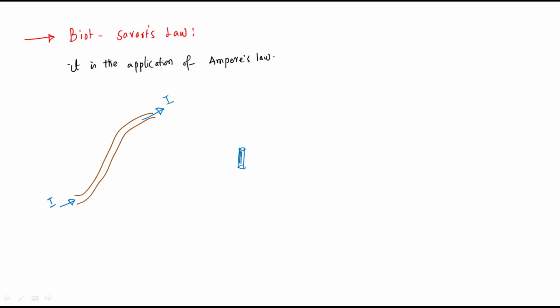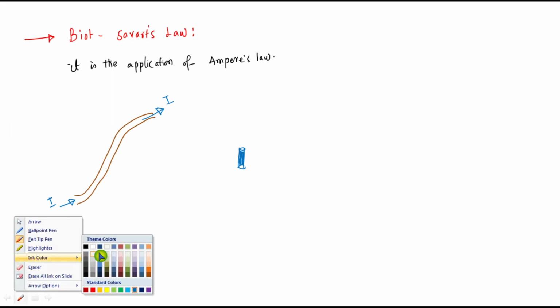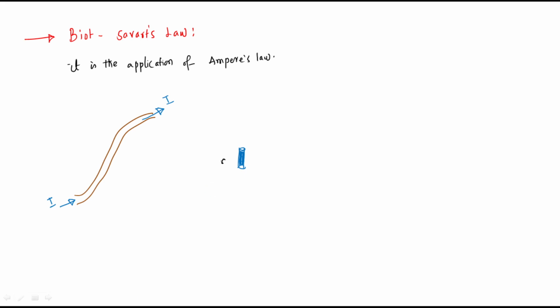This is the tiny element of wire, and it has a length of, let us say, dl. So this is the length of the wire that we have considered.